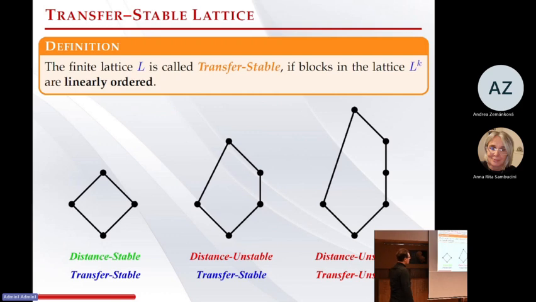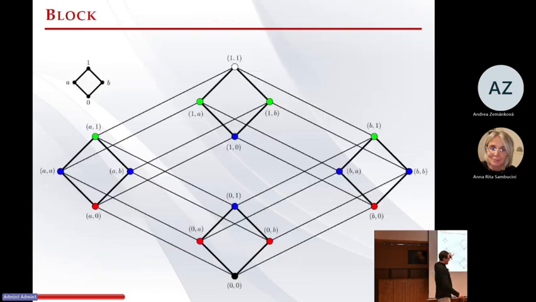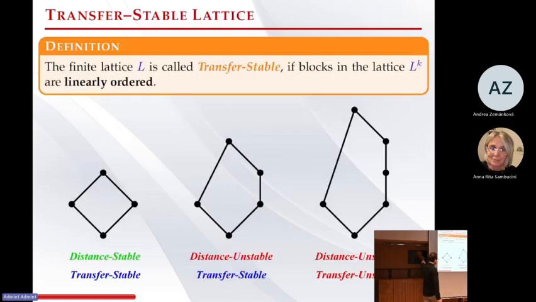But not always. There exist lattices where the classes are in zigzag order, but we don't want these lattices. So the new class of lattices is transfer stable, where all classes are linearly ordered.